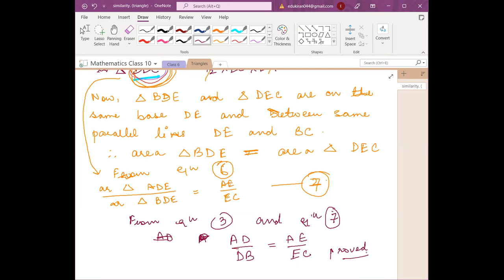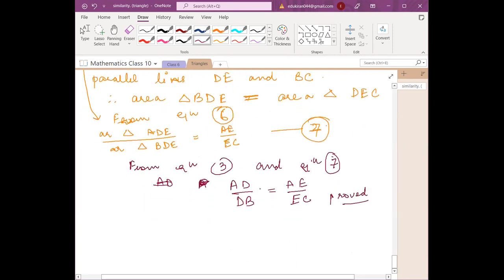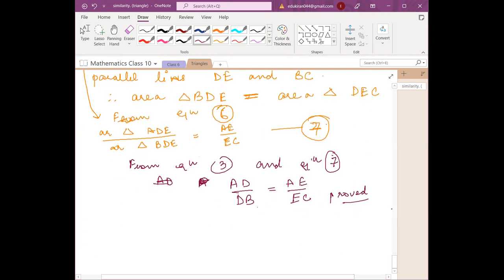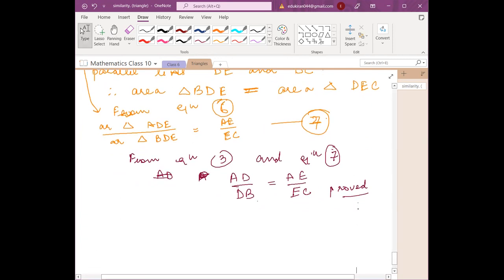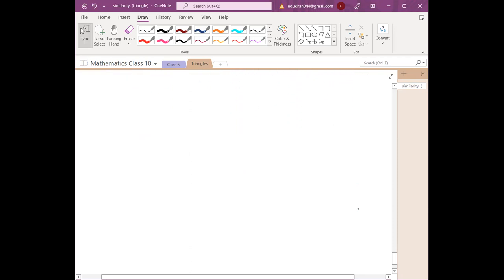Understood, Sarah? Not tough. Now every theorem has its converse also. See, Sarah, in your previous classes, you have done these kinds of things. For example, you have two parallel lines and there's a transversal cutting them.